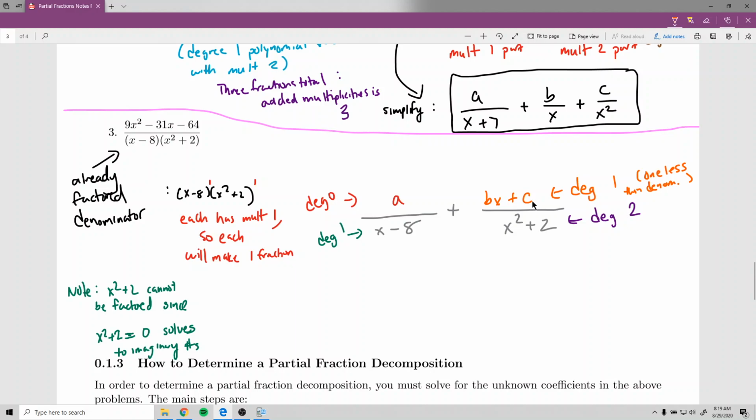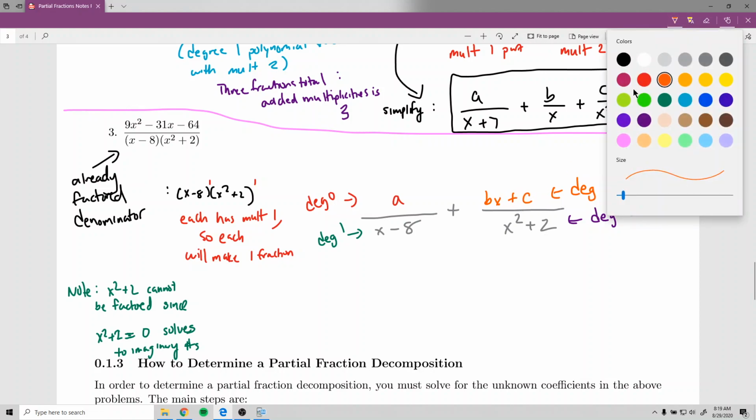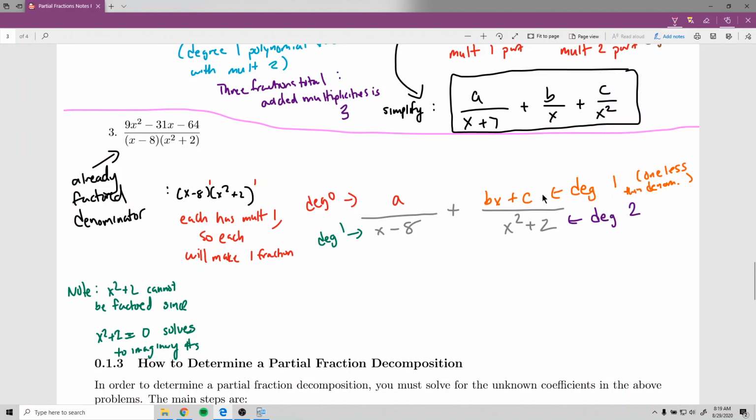But instead of using m, I just like to go in order of the alphabet. So this is a generic degree 1 polynomial. The easiest thing to forget, I think, for most people is the c part, because you put the b with the x and then kind of forget about the c part. But do keep in mind that when you write a generic degree 1 polynomial, you start with the power of 1 and count down to the power of zero. So we have a degree 1 part and a degree 0 part.